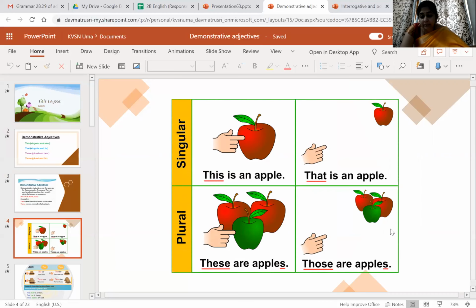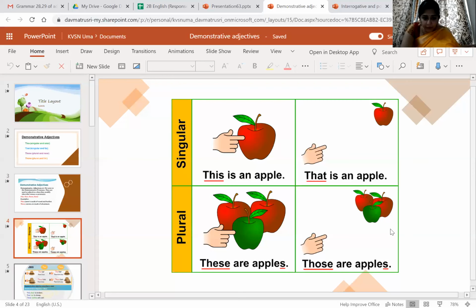And in the second box, those are apples. They are very far. Which are apples? Those are apples. We're showing them, right? So here in this example, this is an apple, that is an apple, these are apples, those are apples. I'm just showing you this, that, these, those. But these sentences are not demonstrative adjectives.